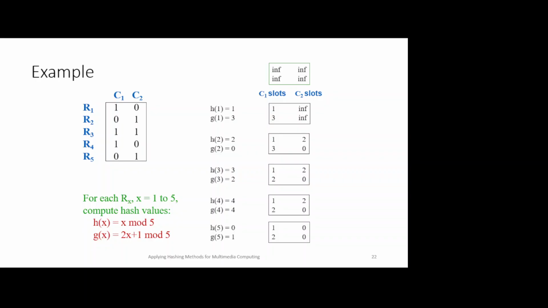For the second hash function, g1, you use the second function and get hash value 3. 3 is also smaller than infinity, so I place it in the slot. Sorry, you also have to check that C1's first row is 1.